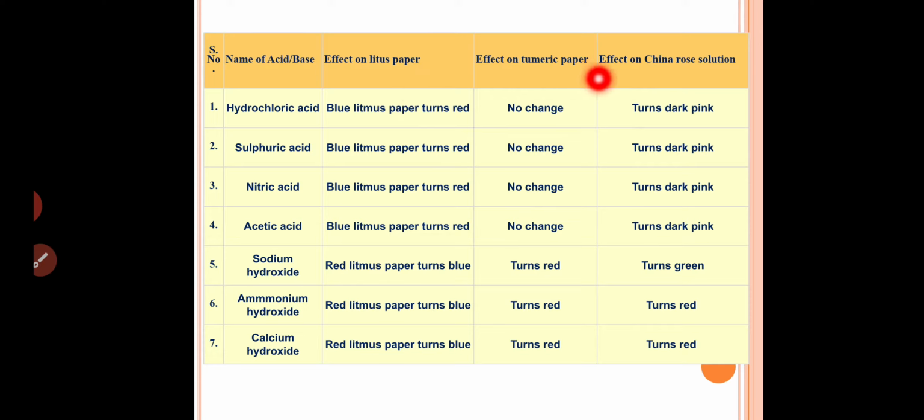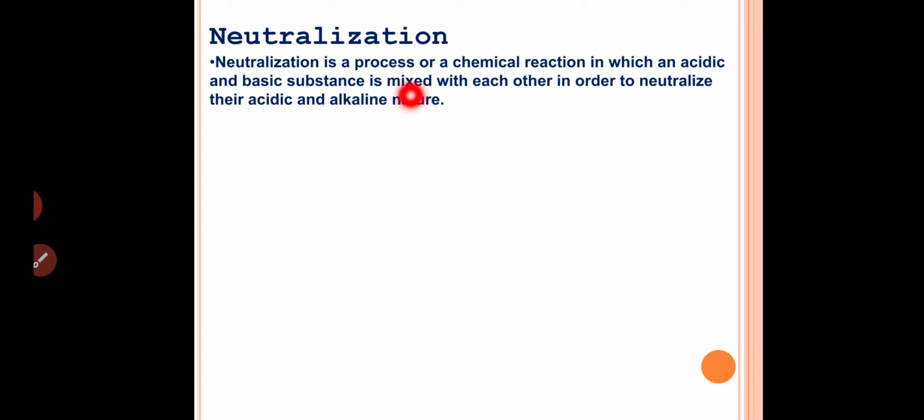Now we are going to study neutralization reaction. So what is a neutralization reaction? Neutralization is a chemical reaction in which an acidic substance and a basic substance are mixed with each other in order to neutralize their acidic and alkaline nature.